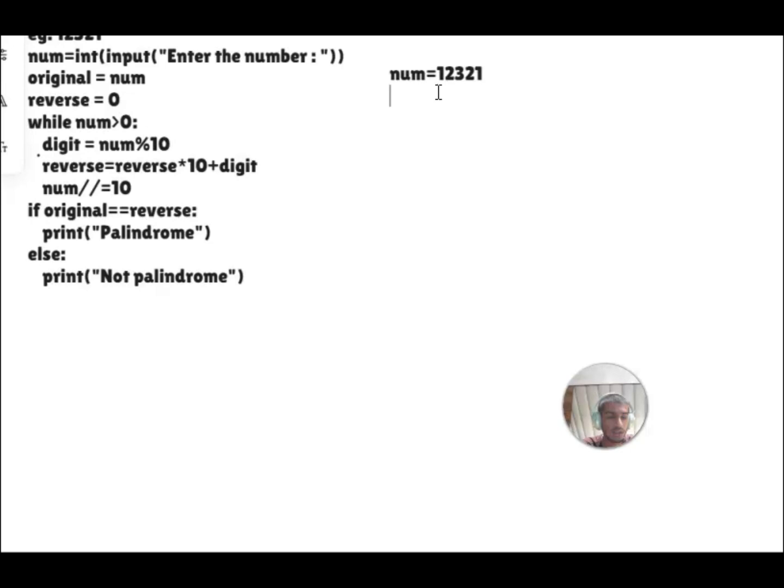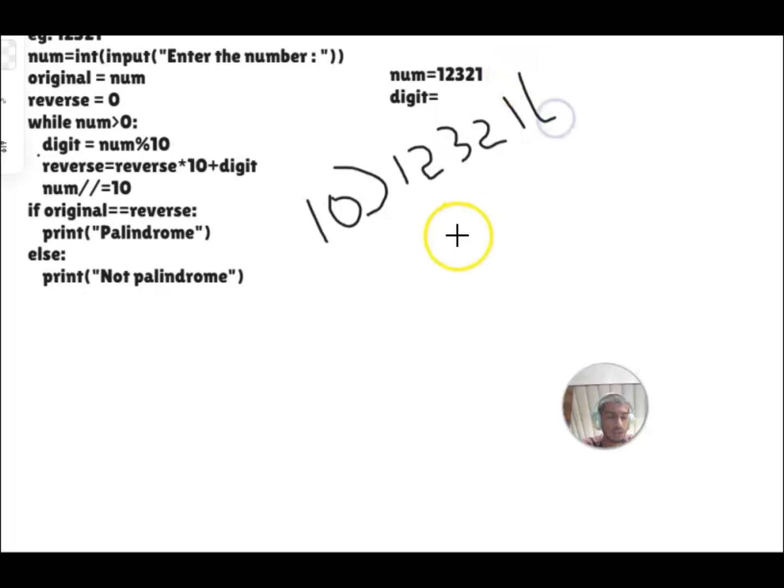We have taken the digit as one more variable. In digit, we want to get the remainder of this. When we get the remainder of 123 with 10, we get the last digit, only the last digit.